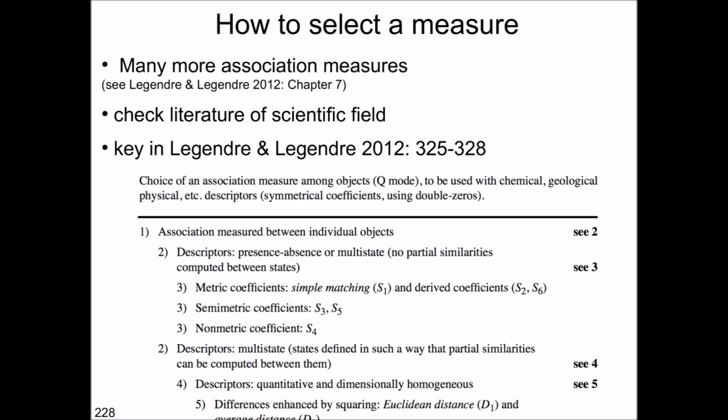If you follow this key, depending on the type of data, it leads you to potential metrics that can be used. You also find a more thorough discussion of the background of these metrics in this chapter, so it's highly recommended to read that.